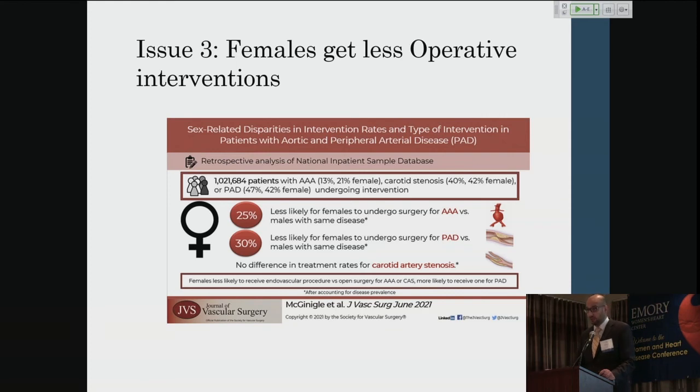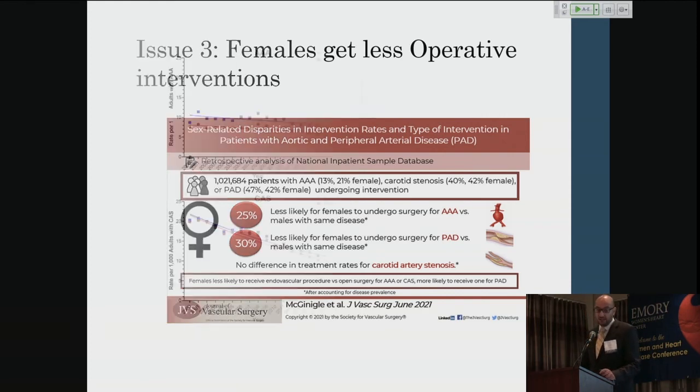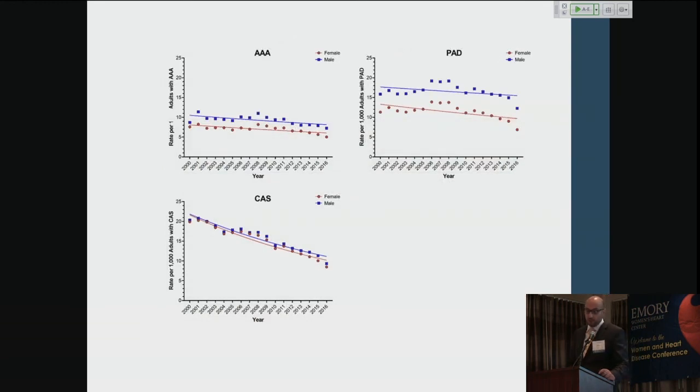It does not exist in carotid interventions for some reason, but it is significant and persistent over time. So it has not improved over time either. You can see it again, with the exception of carotid artery disease treatment at the bottom of the screen. PAD and aneurysm interventions are much less performed in women.